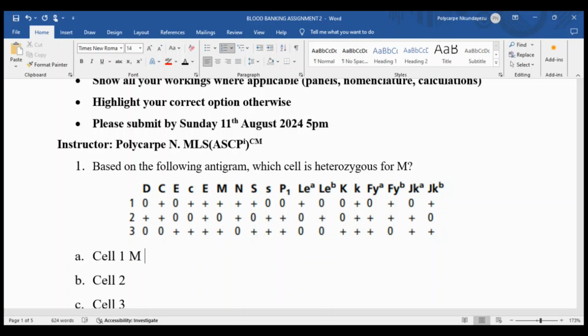So M and N, when both are present, they are said to be heterozygous. On cell number 1, M is heterozygous and N is also heterozygous, but on cell number 2, N is homozygous, and on cell number 3, only M is homozygous. So cell number 1 is heterozygous for M. Okay.